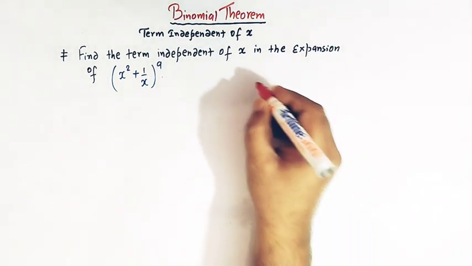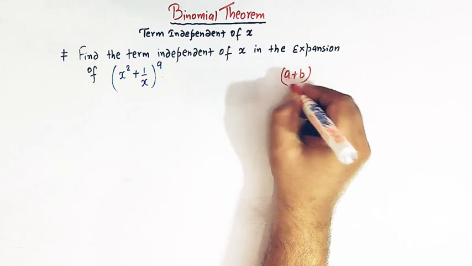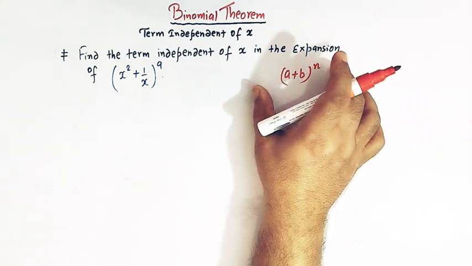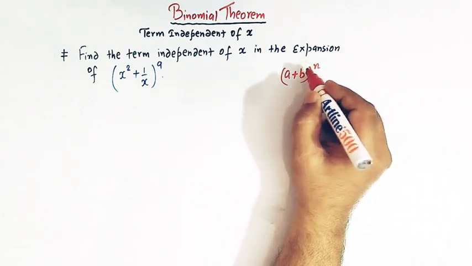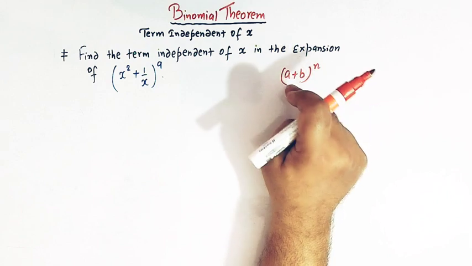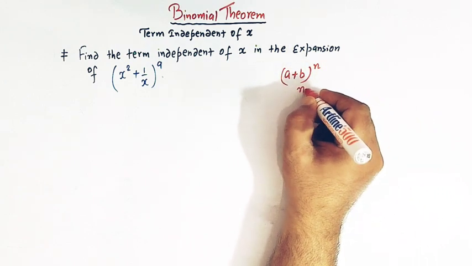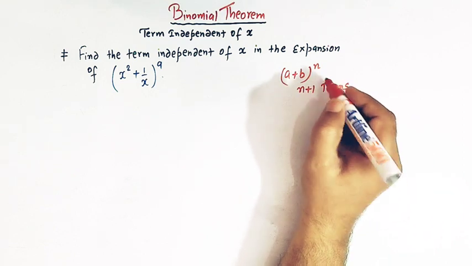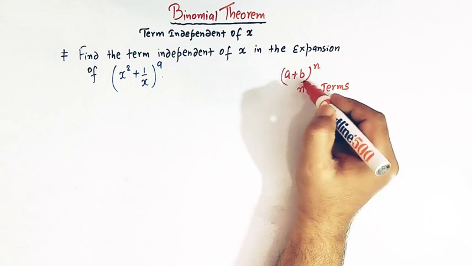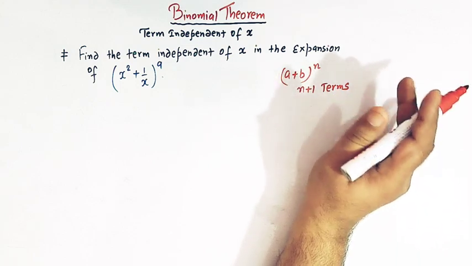Now let us consider a binomial (a + b)ⁿ. From binomial theorem, we know that the expansion of (a + b)ⁿ contains n + 1 terms. So the total number of terms in the expansion of (a + b)ⁿ is n + 1.